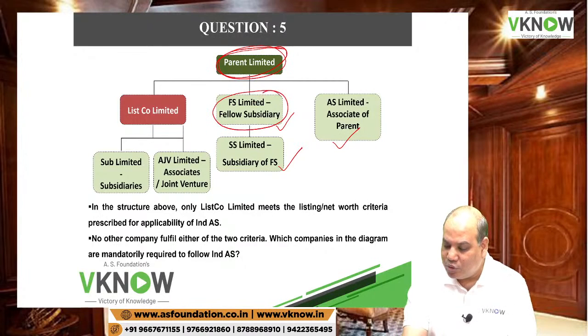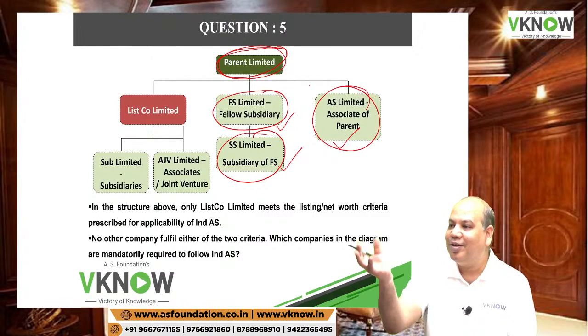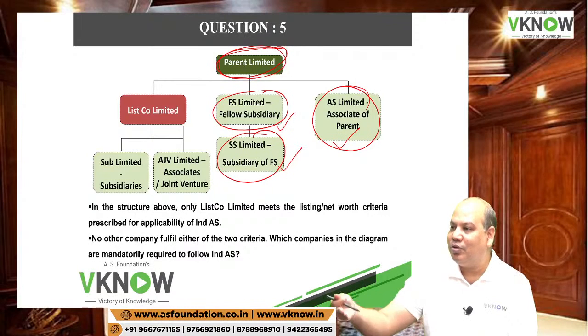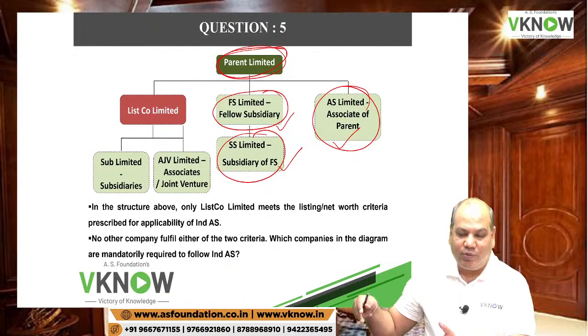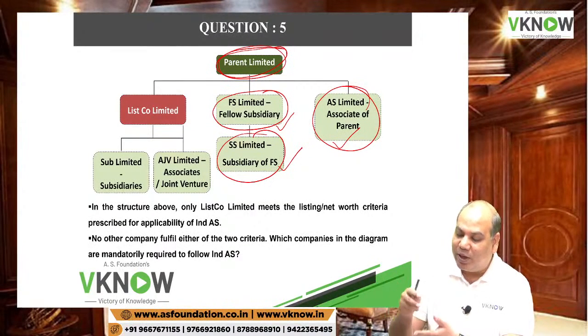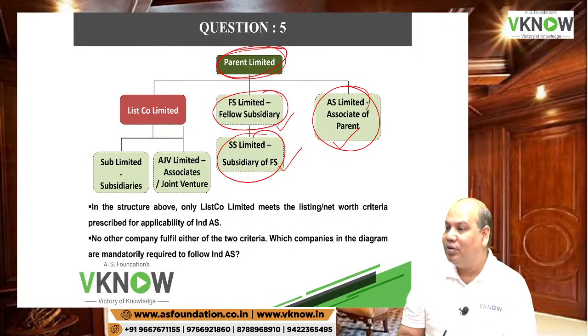Ask them to follow Ind AS voluntarily. Otherwise, the accounts department of these three companies will have a double role. First, they will prepare AS based financial statements. Then they will also have to do conversion from AS to Ind AS so that parent can do the consolidation.